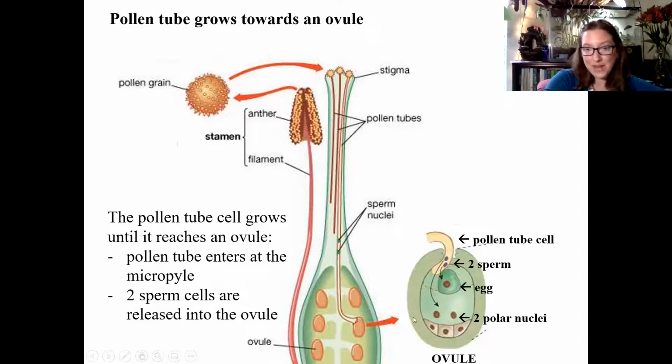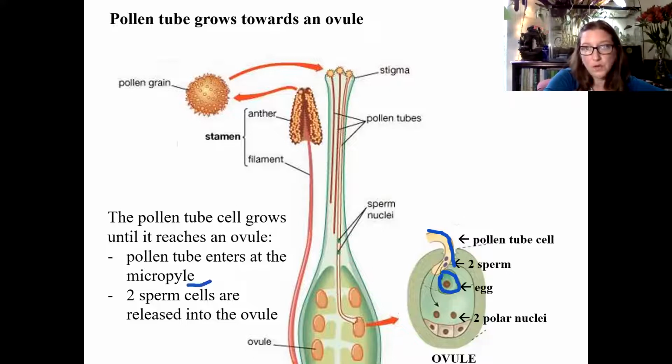So what ends up happening, so look, here you go. You have your egg waiting. Here's the egg. Here are your 2 sperm that are starting to come down here via the pollen tube cell. And notice the pollen tube cell entered the ovule via the micropyle hole, right?